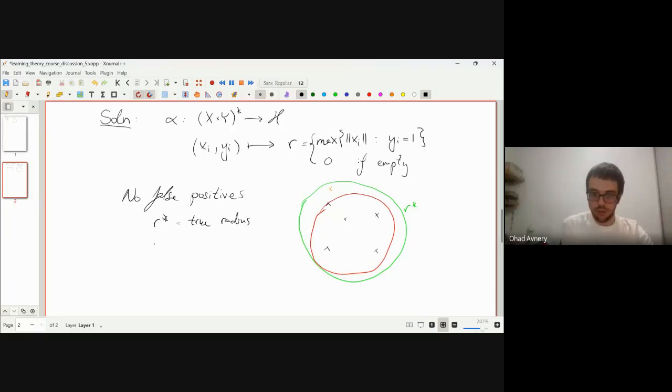So if we take the maximum of all of them, we get that R is less than or equal to R star. And then the loss, the probability of making a wrong prediction, is the probability for random X from the distribution that the indicator of it on BR, the ball of radius R, is different than the indicator of BR star.